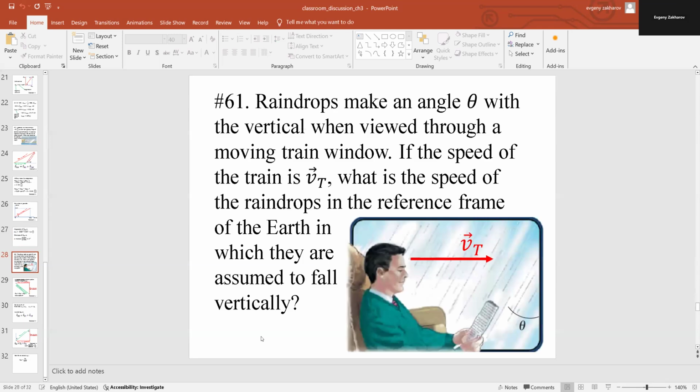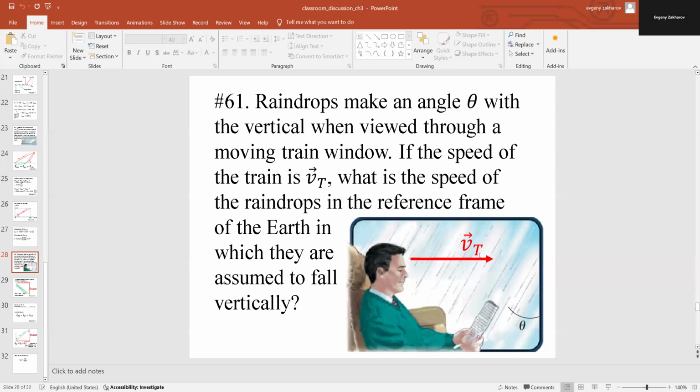Moving on to the last problem from the chapter. So we got raindrops that make a certain angle theta with the vertical when you look at them through the window. I'm pretty sure you've seen this effect when you go through rain on a moving car or a train, maybe airplane, I don't know.